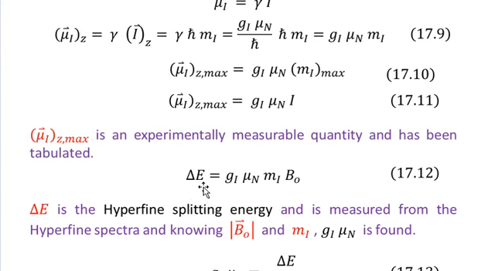But you know that I have defined delta E over here, so you need to write delta Mi instead of Mi. You can make a correction over here, that is, on the right hand side you can put the quantity delta Mi. So delta E is equal to Gi into mu n into delta Mi into B naught.